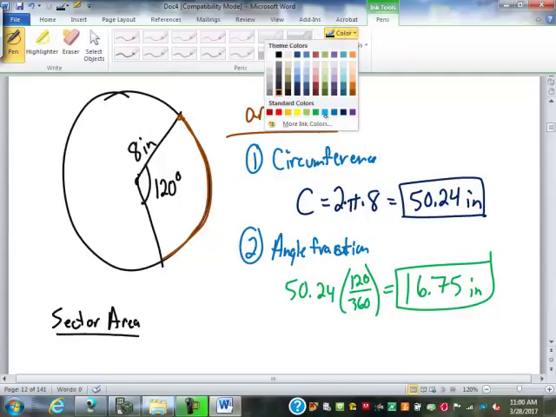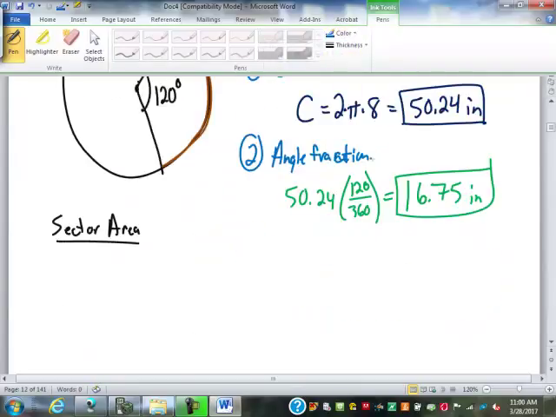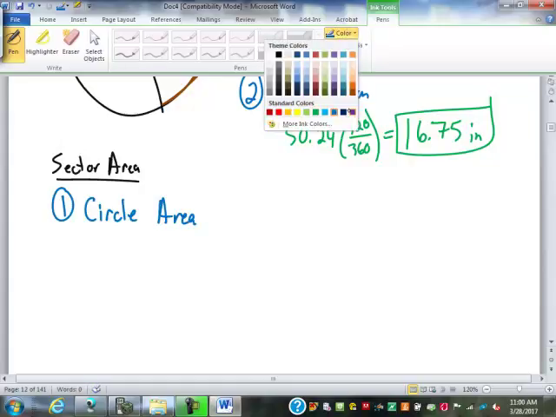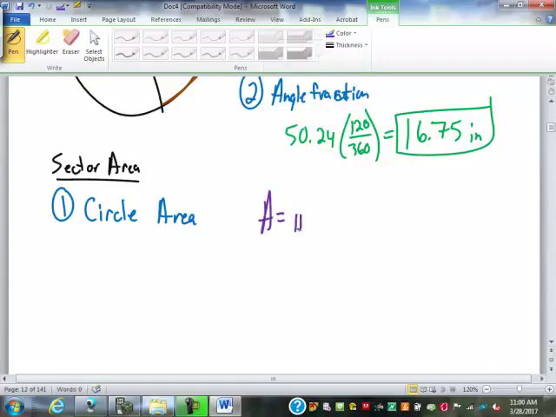Sector area. Do you remember how to do that? Step 1, find the circle area. Area of the circle is pi times radius squared, otherwise known as 200.96 inches squared.